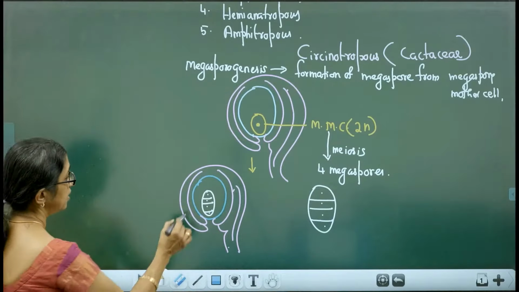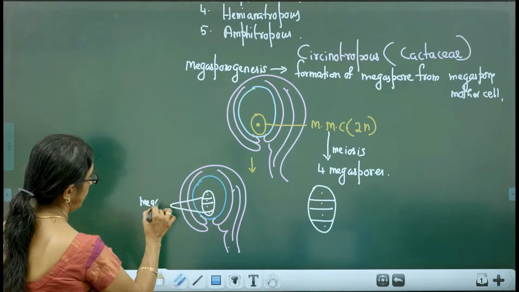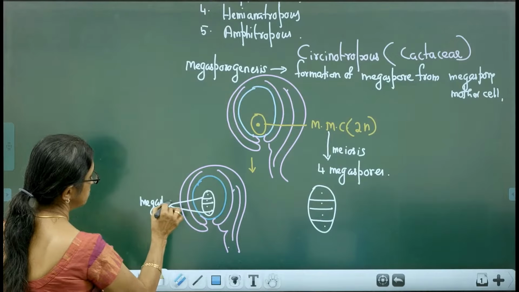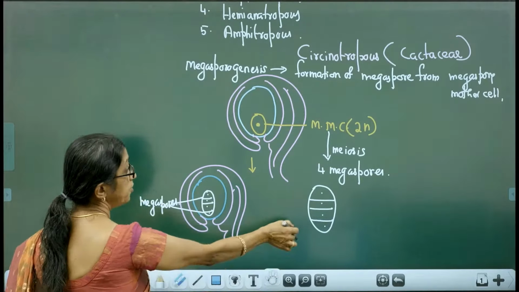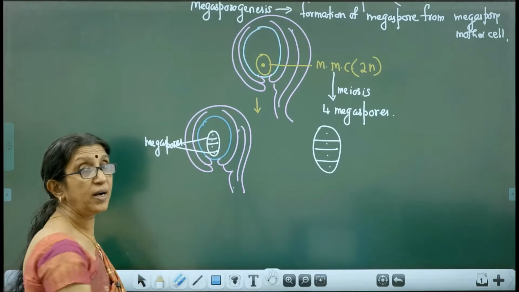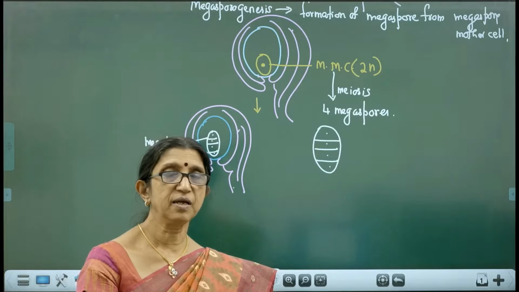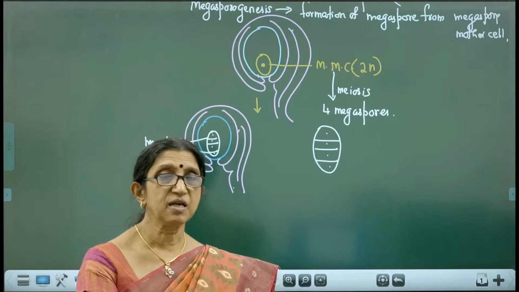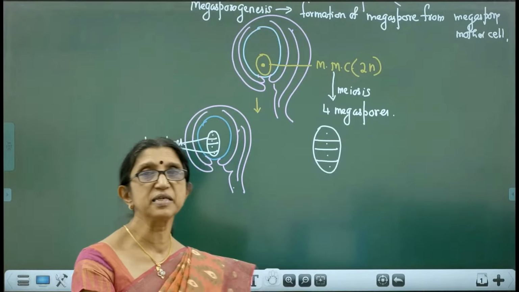This is the linear row of megaspores. So out of this, normally only one of the megaspores undergoes the rest of the processes, whereas the remaining 3 will degenerate and disappear.